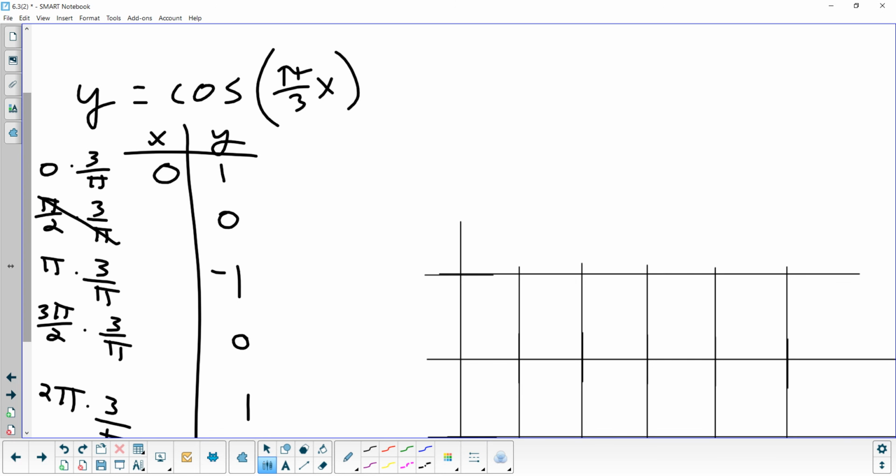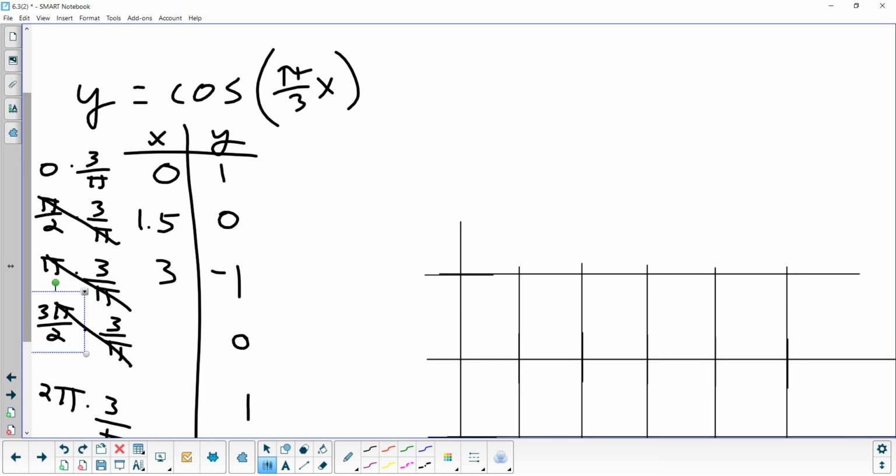What's 3 divided by 2? Zach? Half of 3. 1.5. Yeah, 1.5. Here, the pi's cancel. You're left with 3. Here, the pi's cancel. 3 times 3 is 9 divided by 2. What's 9 over 2?